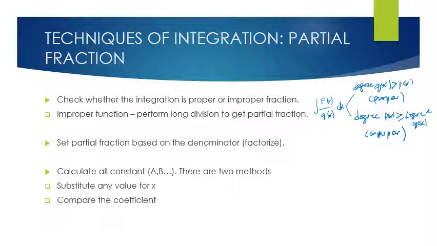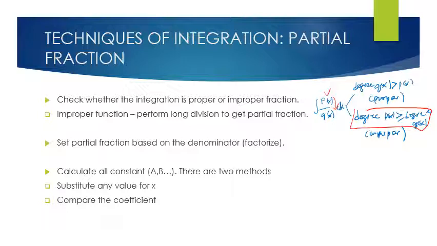So if we have this kind of equation, where the degree of p(x) is higher than or equal to q(x), we need to perform long division first to get the partial fraction.